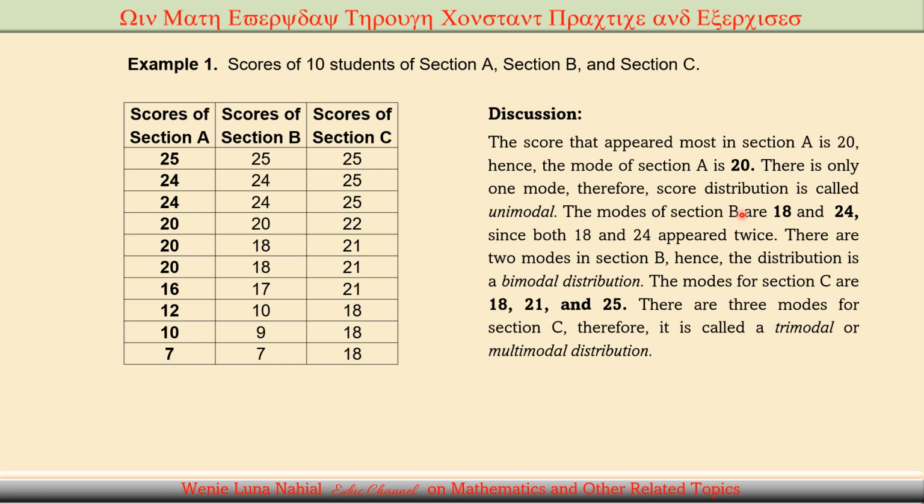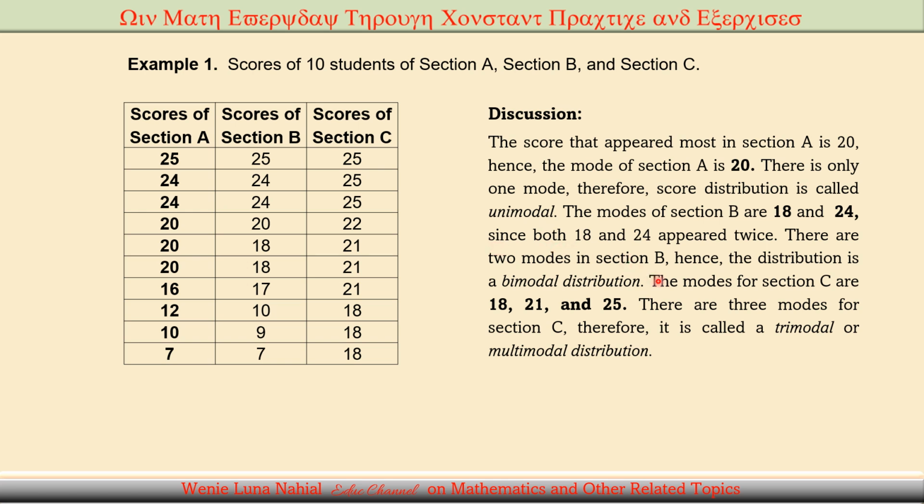The modes of Section B are 18 and 24. 24 has a frequency count of 2. 18 has also a frequency count of 2. So, Section B has a bimodal distribution.